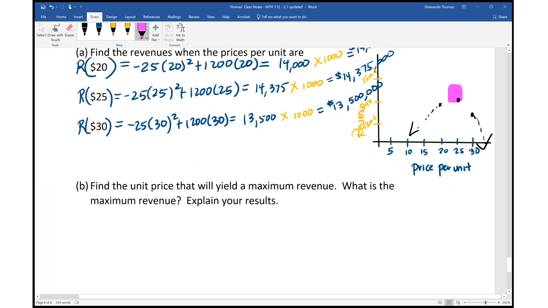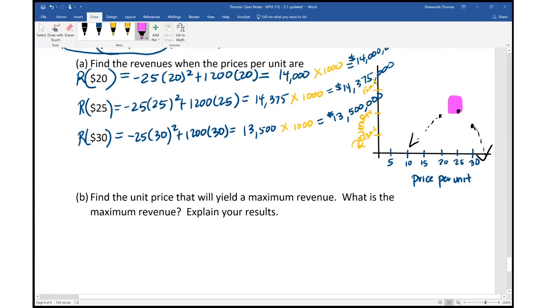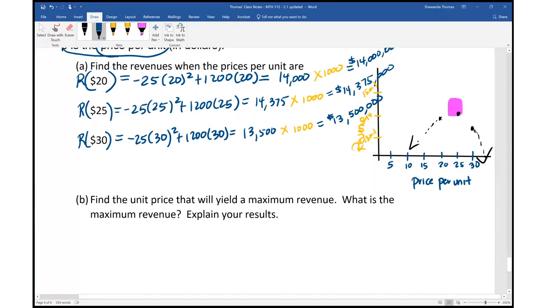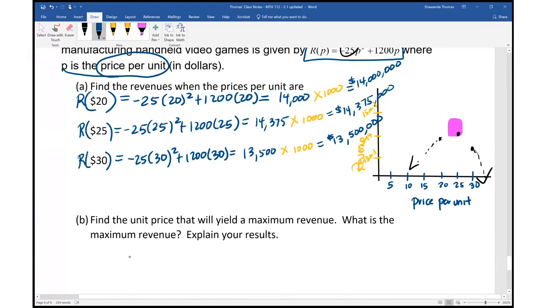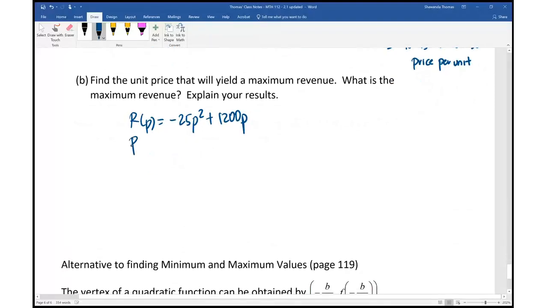That's what we want. All right, so let's put this form right here, R of P equals negative 25 P squared plus 1200 P, in standard form. So that would mean we'll need to factor out that negative 25. So let me divide 1200 by that 25.